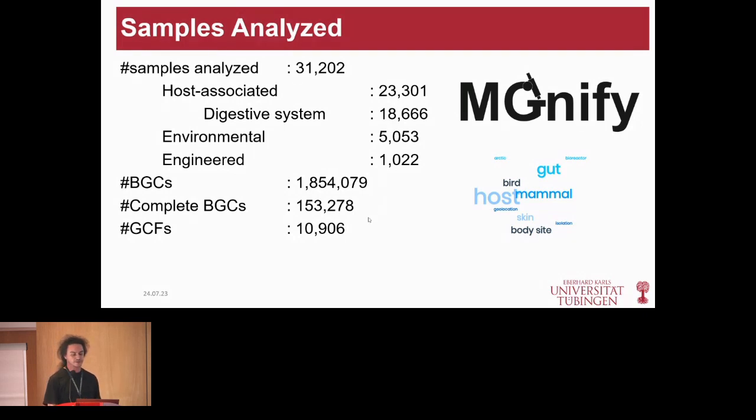We have identified nearly 2 million gene clusters, only about 10% of them being complete. Of these more than 150,000 complete biosynthetic gene clusters, we produced almost 11,000 gene cluster families. And we have also associated metadata for each one of these samples.